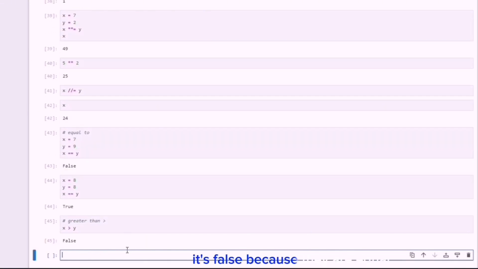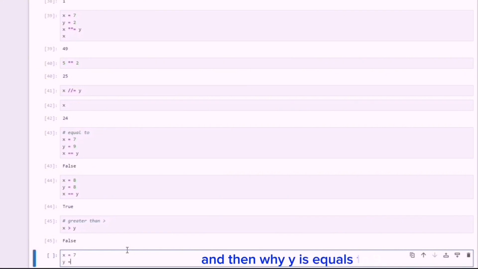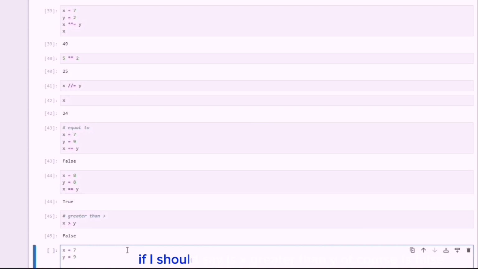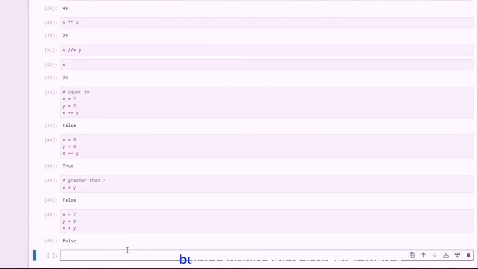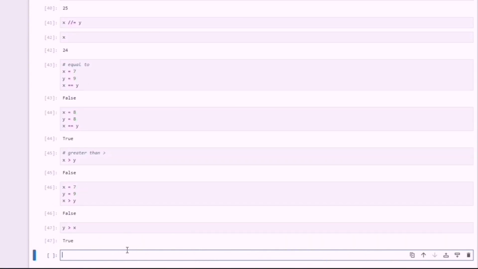It's false because they are equal. They're not greater than each other. But if I say x is equals to 7 and y is equals to 9, and I say is x greater than y, of course it's false. But if I say is y greater than x, this is true.